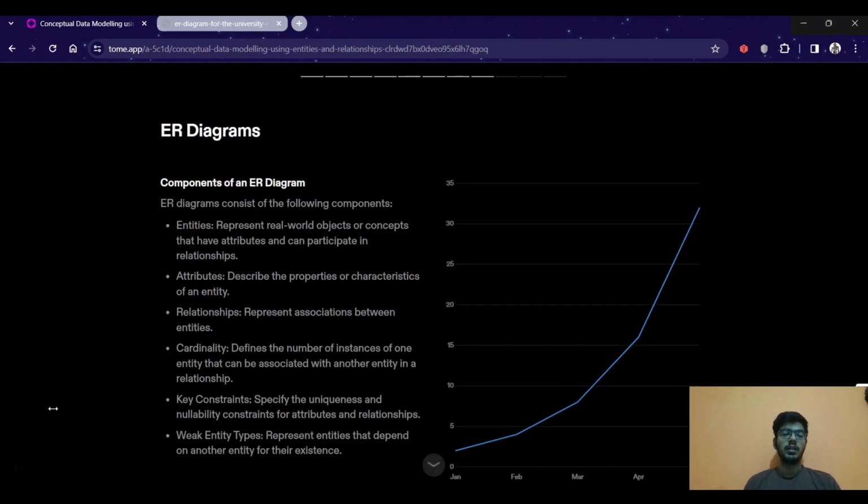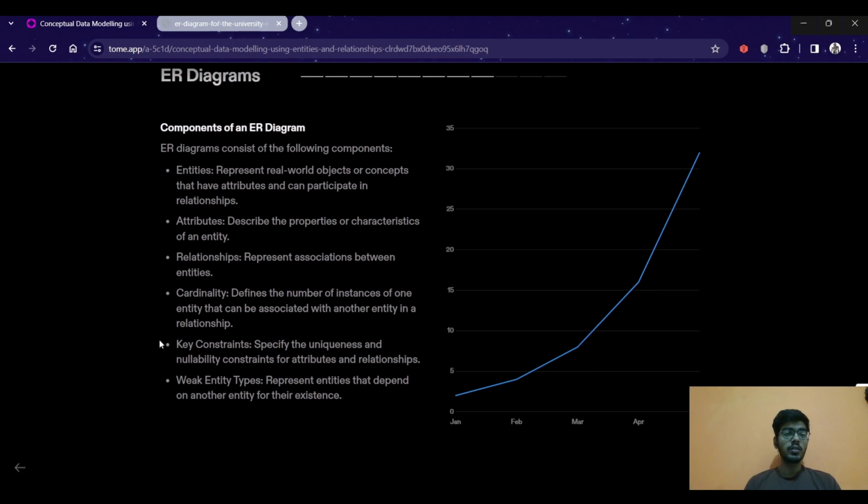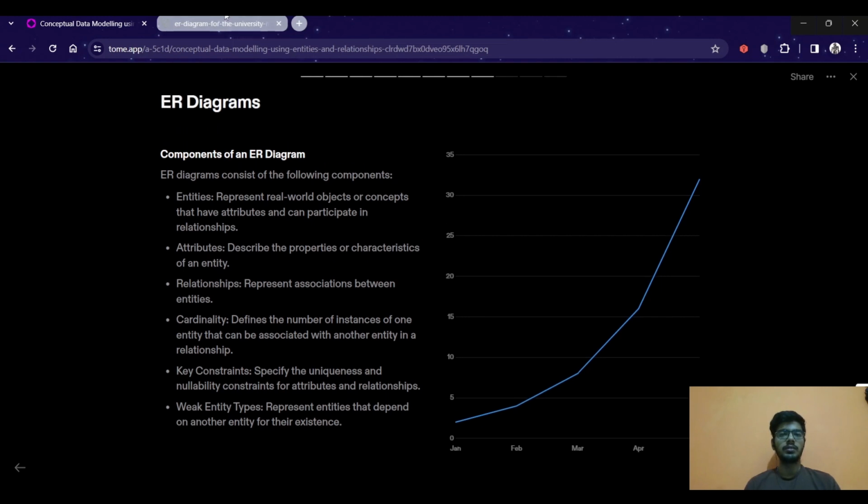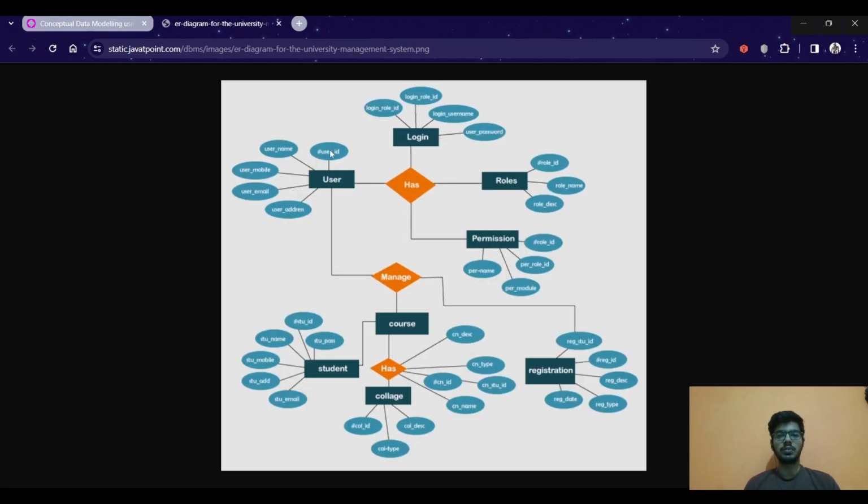ER diagram. Components of an ER diagram: entities, attributes, relationships, and cardinality, key constraints and weak entity types. An example for an ER diagram is this university diagram here, where we have login, where you check if the person belongs to this college or university or not.